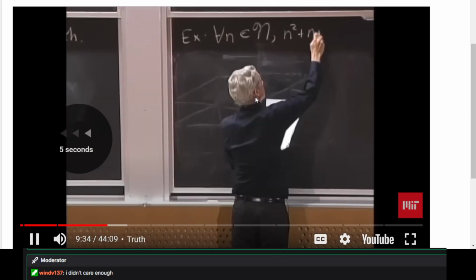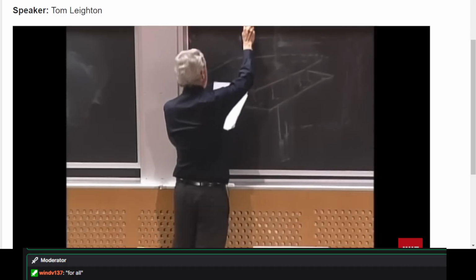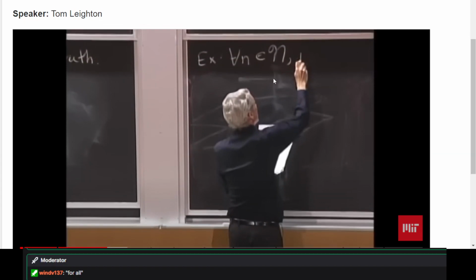For all n in the set of natural numbers. Oh my god, there's actually a symbol that means for all.